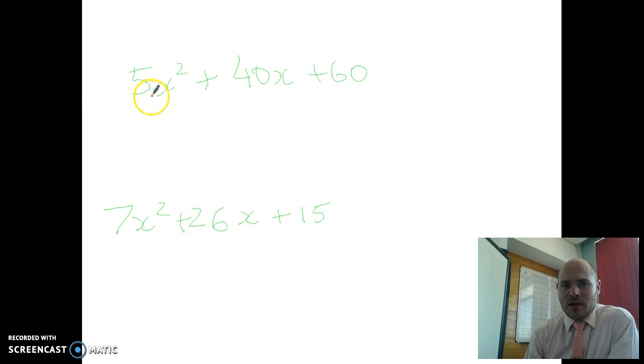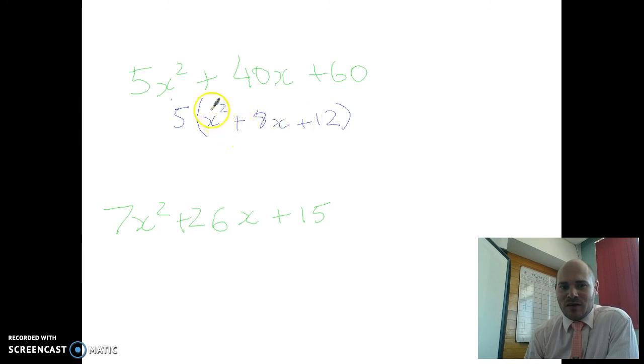I can look and go, well, is there a common factor between the three? I look at this one and say, well, yep, I can divide all of those by 5. So I can throw a 5 out the front, and that one becomes x squared. 40x divided by 5 becomes 8x. 60 divided by 5 becomes 12.